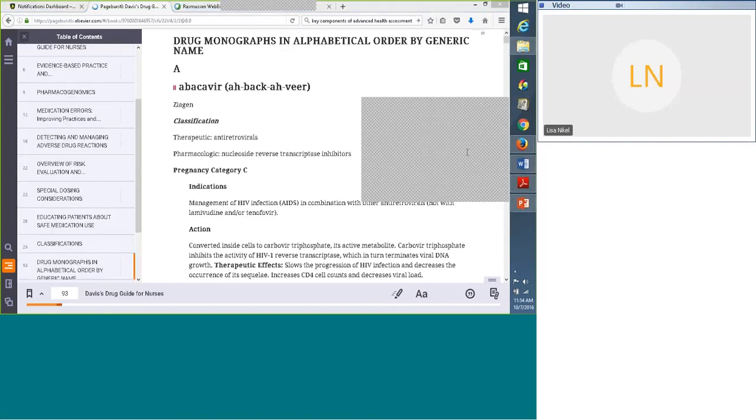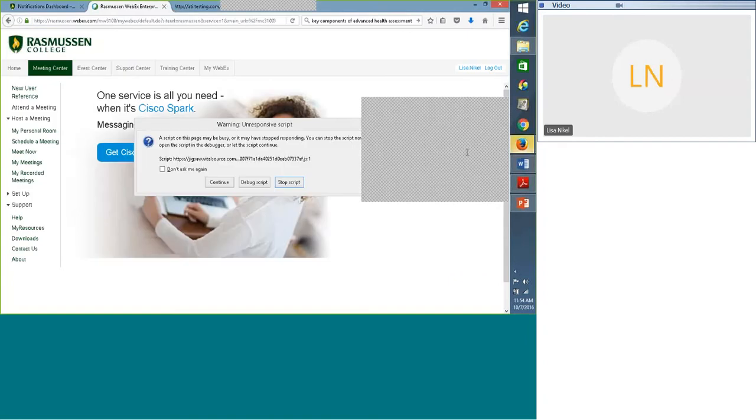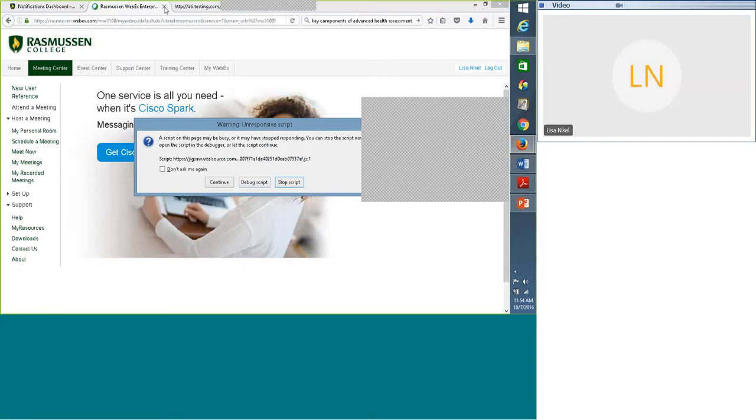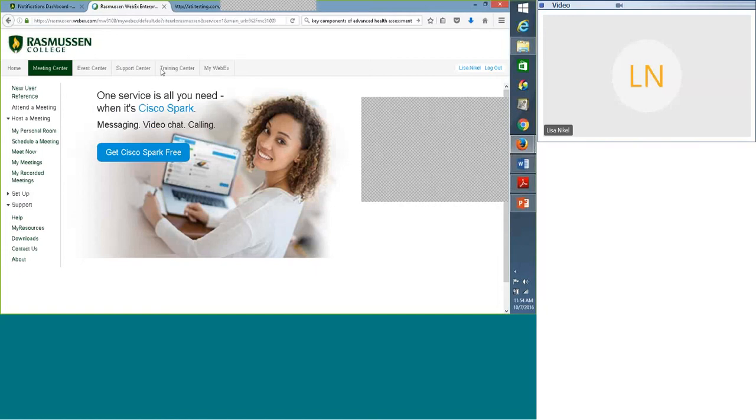Better, good. Davis Drug Guide is accessible, from my understanding, through the Skyscape app. In your email, you should have gotten something from the bookstore, I believe, directing you on how to get access to the app.